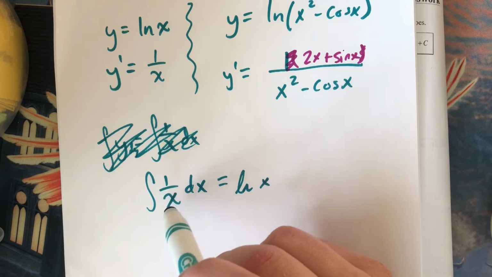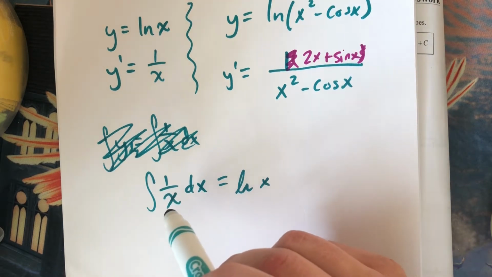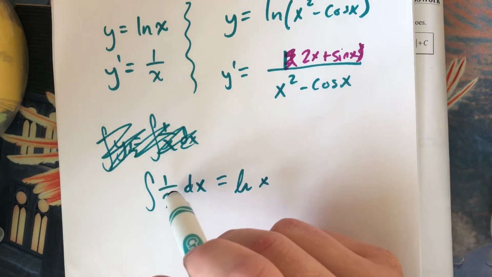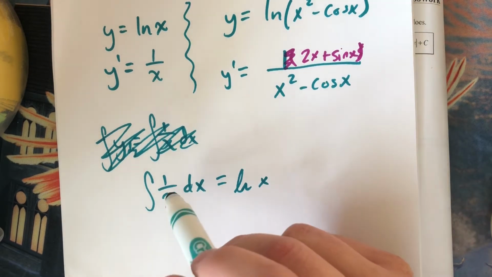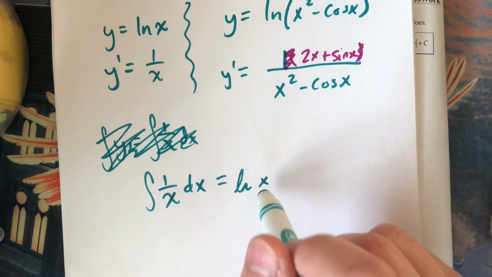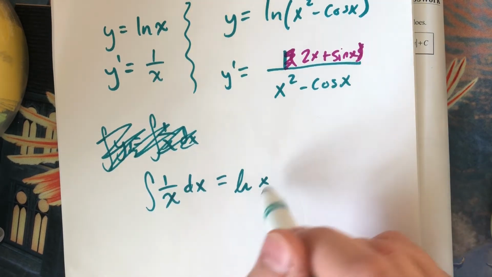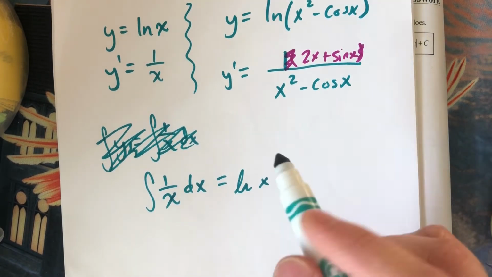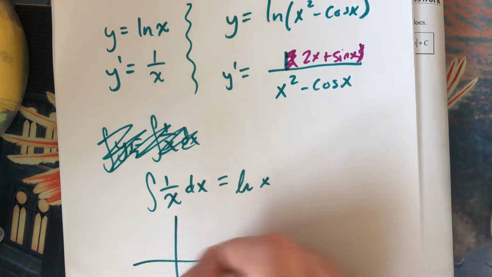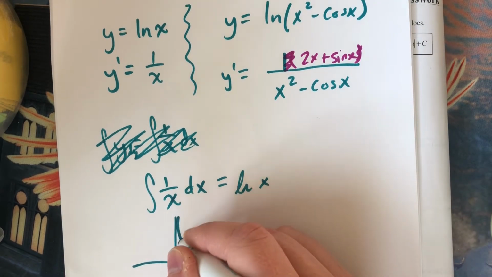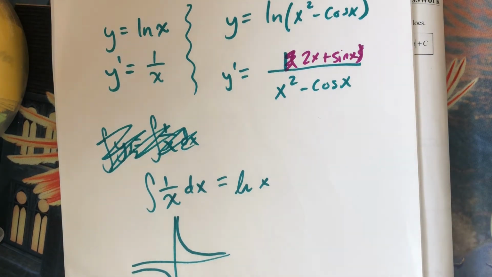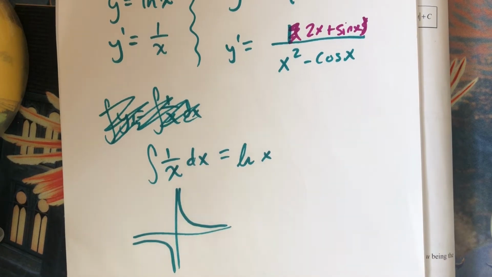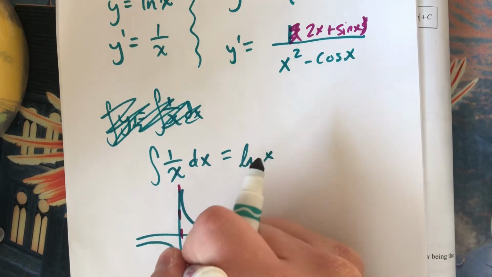Here's the problem. 1 over x is defined everywhere. ln is not defined everywhere. So we've now introduced a domain restriction, and that's not okay. If you remember what 1 over x looks like, it's got a vertical asymptote here.